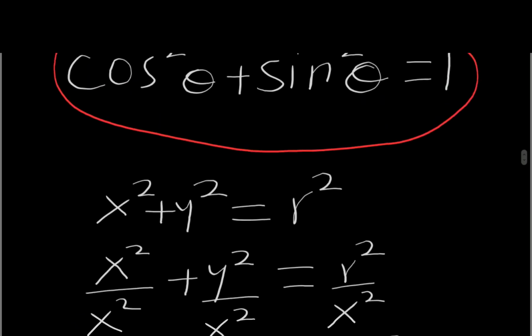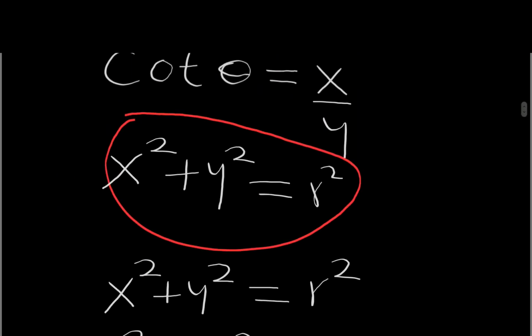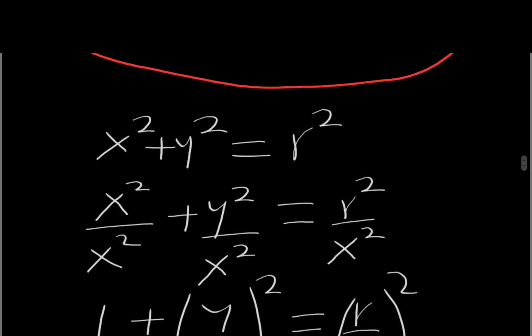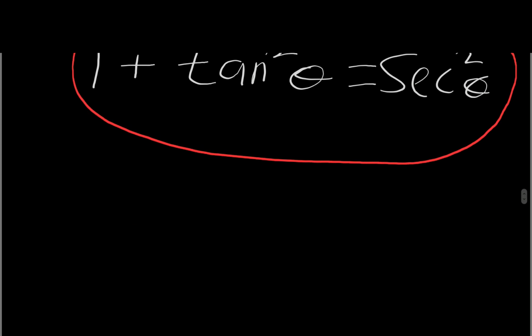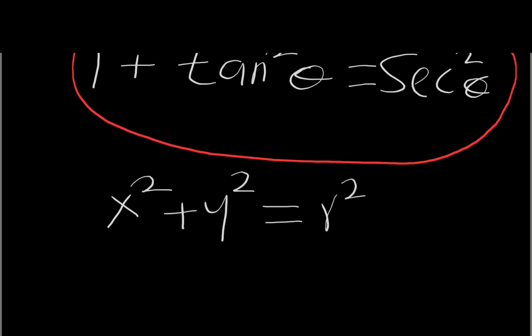Let's come back to our equation, this equation. So we now have x squared plus y squared is equal to r squared. This time, let's divide each of the terms by y squared.